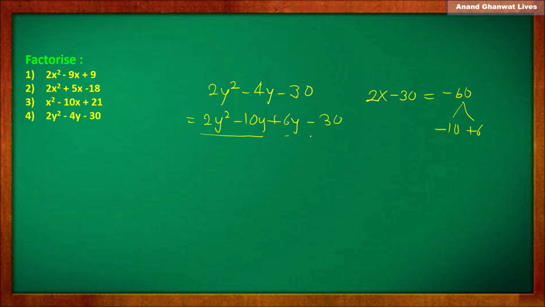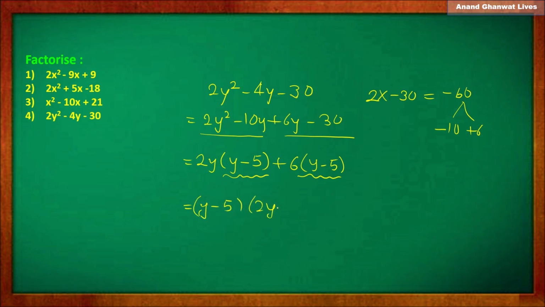Take common from first and second and third and fourth term. So from first and second, common is 2y into bracket y minus 5 plus from third and fourth term 6 is the common, 6 into bracket y minus 5. So y minus 5 is the common factor now, and it is y minus 5 into another bracket 2y plus 6.